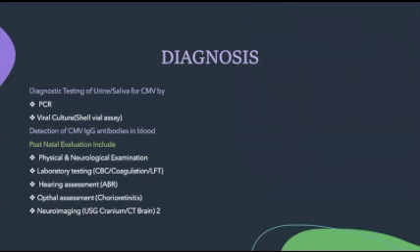For diagnostic testing, urine and saliva are tested for cytomegalovirus by PCR and viral cultures, and cytomegalovirus immunoglobulin G antibodies are detected in blood. Postnatal evaluation includes physical and neurological examination, laboratory testing, hearing assessment, ophthalmic assessment, and neuroimaging.